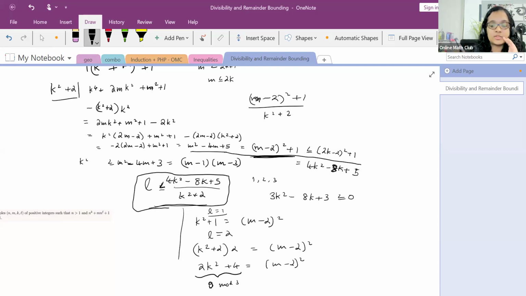Which means this must be 0 mod 3, but then this becomes 0 mod 9, right? So if we look at this mod 9, what can k square be mod 9?